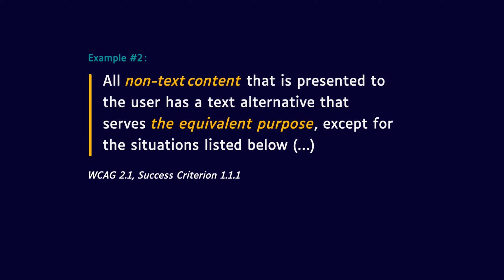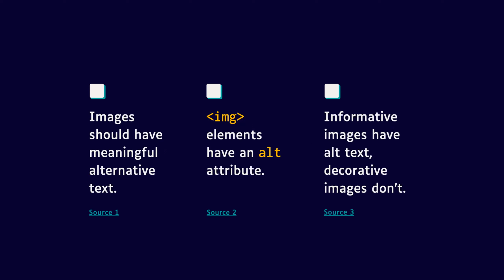My purpose here is to focus on the use case of having an image that needs a text alternative. And I'm going to take 3 examples from 3 different checklists. What is interesting at first sight is that none of them says the same, but let's compare them in more detail. So one says images should have meaningful alternative text.